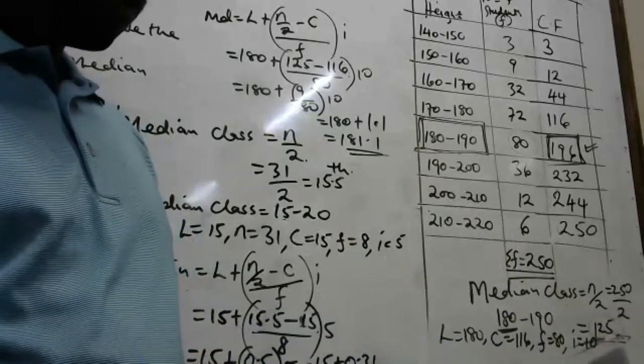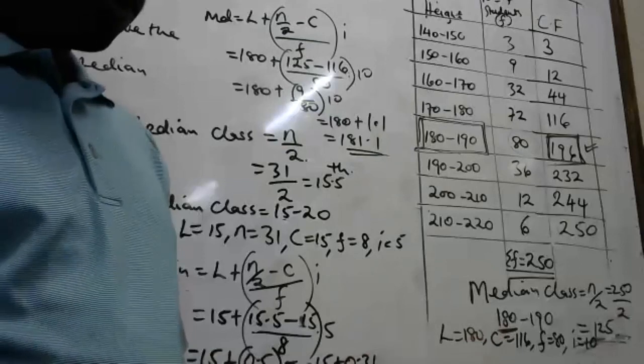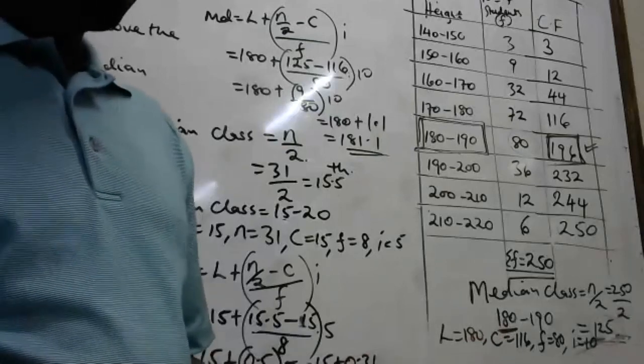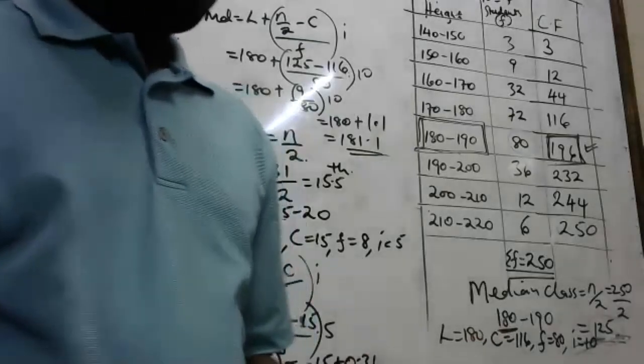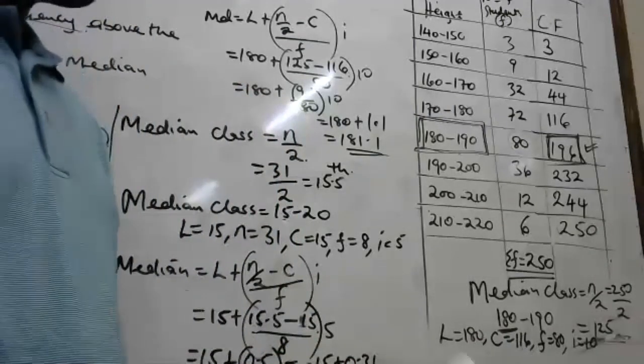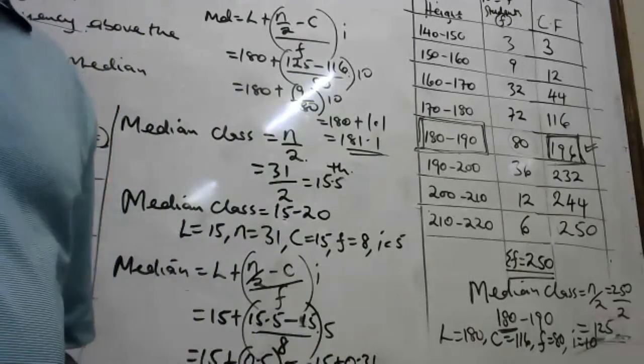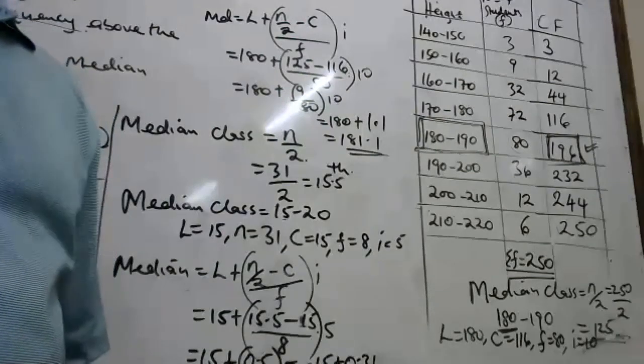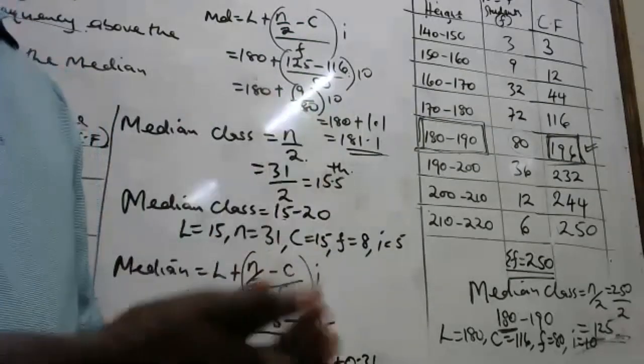When I come here next, we shall do maybe one or two more, and then we look at the mode from grouped data. That will mark the end of the measures of central tendency.